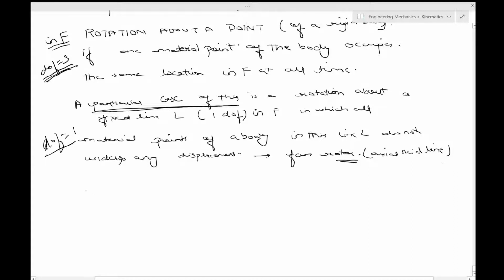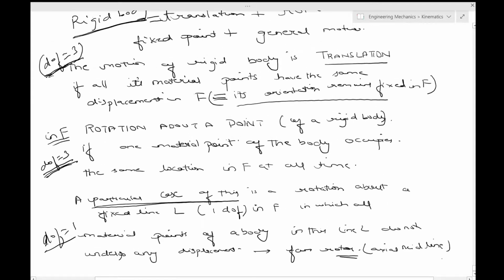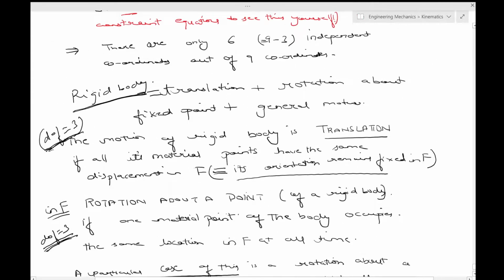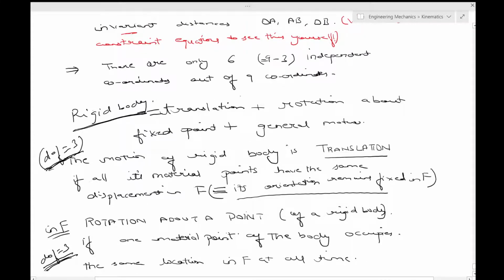That's called a general motion. Remember that we had three situations: there is translation, there is a rotation about a fixed point, a special case of which is a rotation about a fixed line, and then there is this general motion.